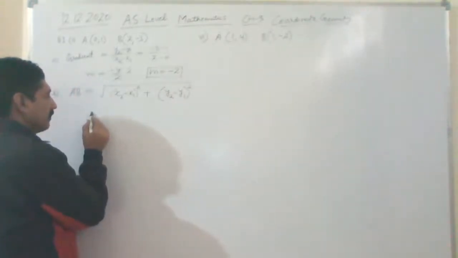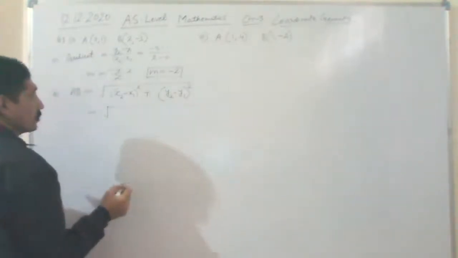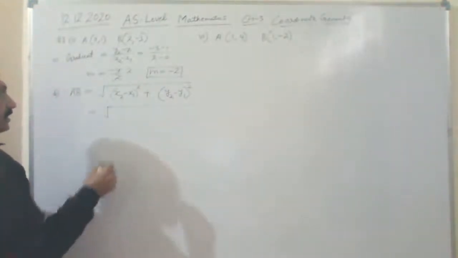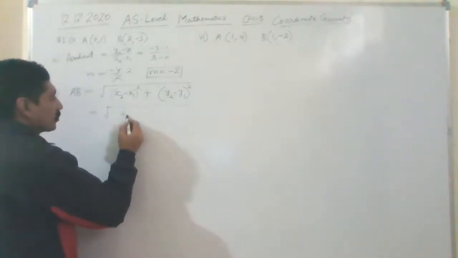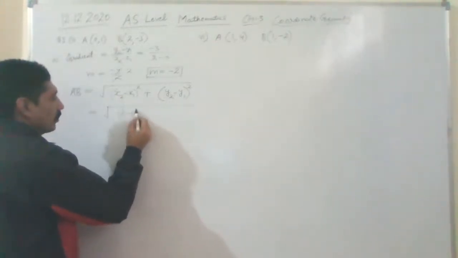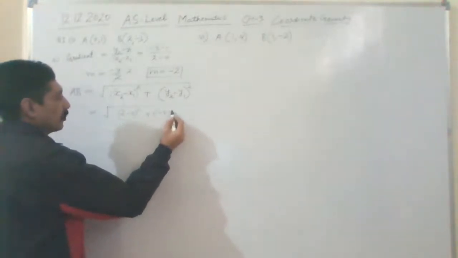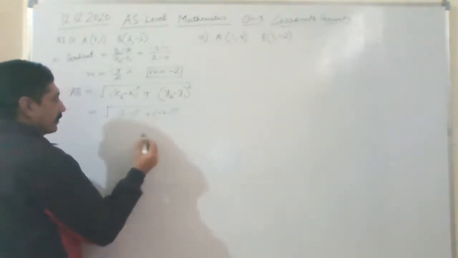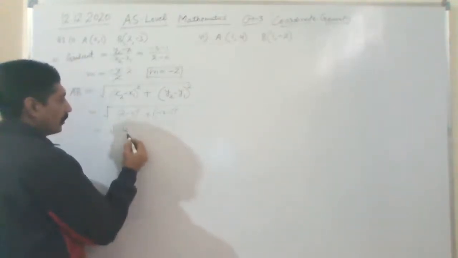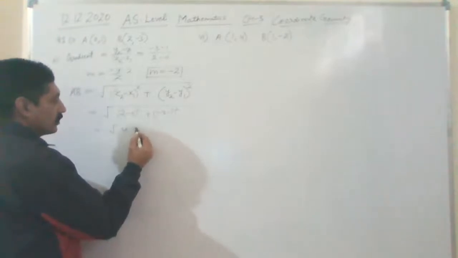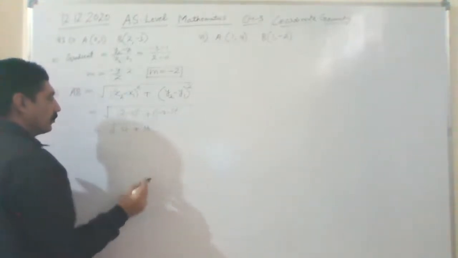right? So here we will substitute the values. When we substitute the values, that is 2 minus 0 whole square plus minus 3 minus 1 whole square. So here we have one is 4 and one is 16, 4 into 4, 16.